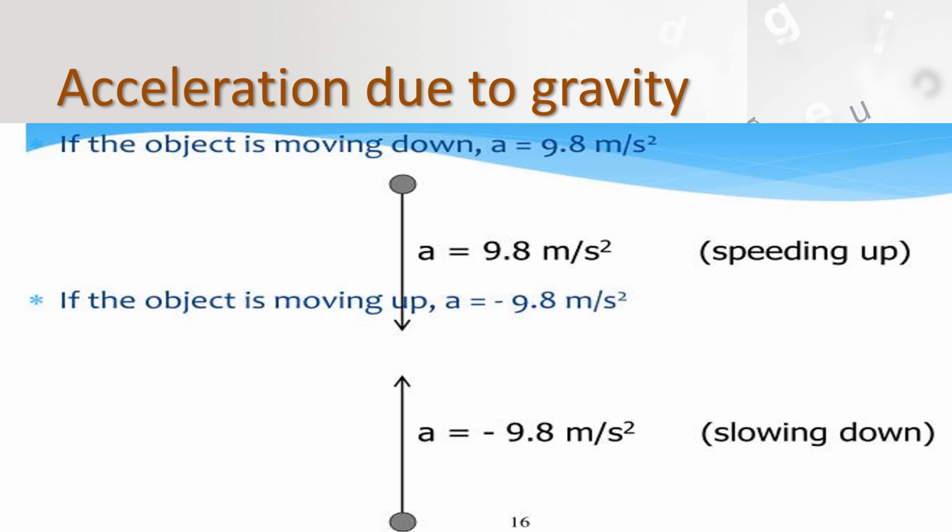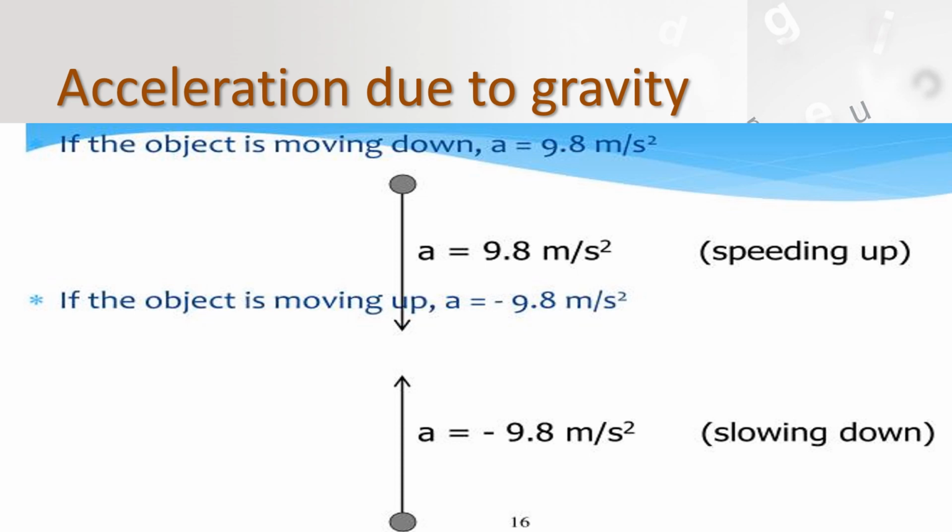So the acceleration due to gravity on the earth is 9.8 meter per second square. The gravitational acceleration on earth has a value of 9.8 meter per second square. Okay, children, if the object is moving down, if you are throwing it from the terrace, the object is moving down, which means the acceleration due to gravity is 9.8 meter per second square.